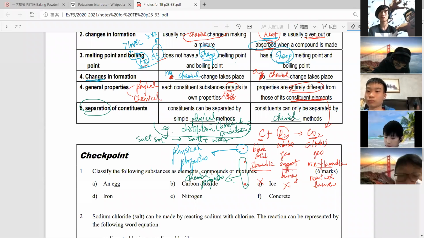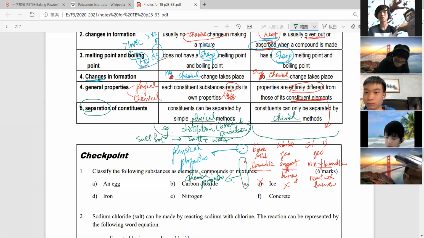Okay, how about chemical method? You may think of one example. What is the chemical method? Separate it. Yeah. Electrolysis. Okay, electrolysis, it is one of the examples.